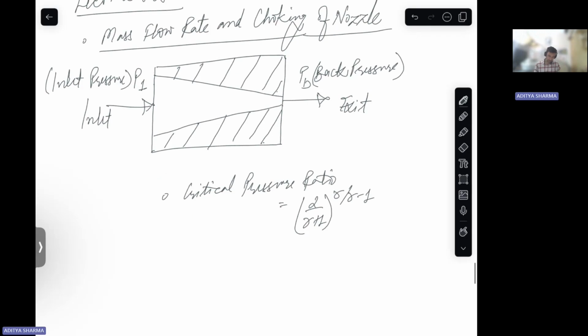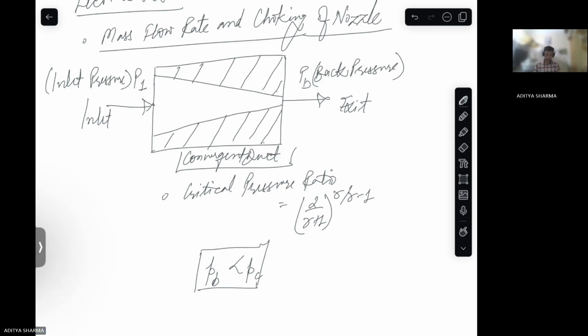So if your PB, we are discussing a convergent duct at present and not a CD nozzle, so please keep that in mind. If your back pressure is less than your critical pressure, in that scenario we will have a choked duct.